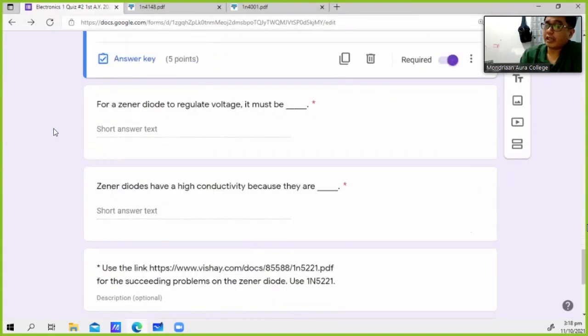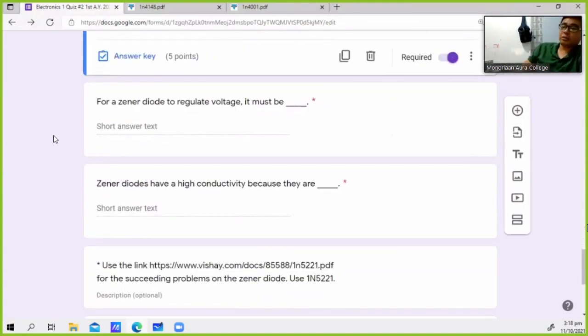Next. For a Zener diode to regulate voltage. So sinabi ko sa video yan, no? Zener diodes are used as voltage regulators. When we say regulate, it means to control. So kinokontrol natin yung amount ng voltage na pumapasok sa isang circuit. Kasi ang Zener diodes may be used as power supplies for different electronic circuits.